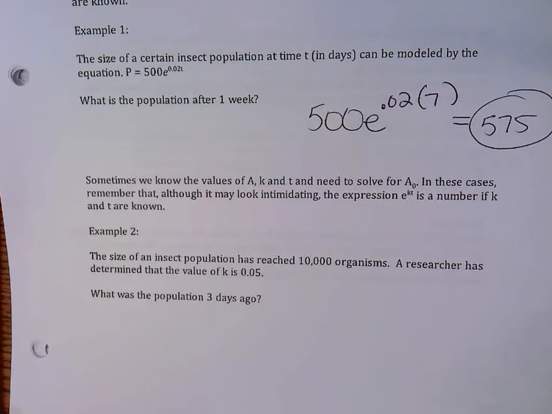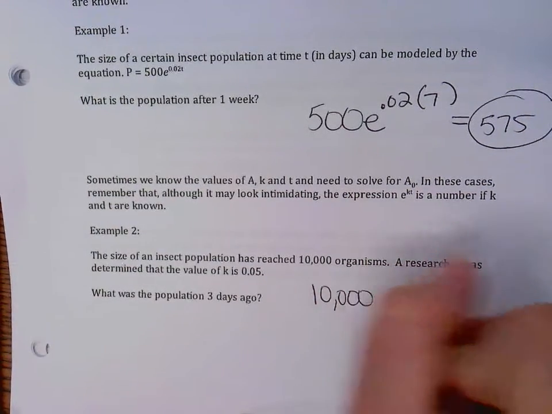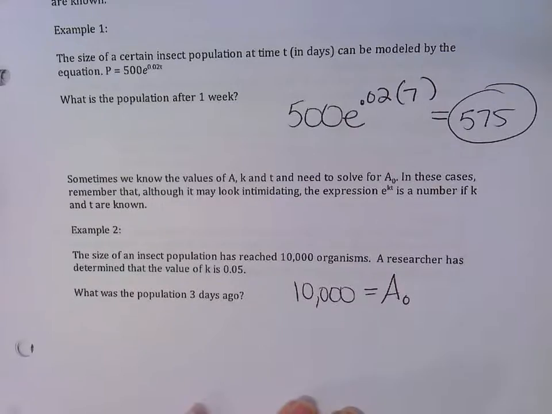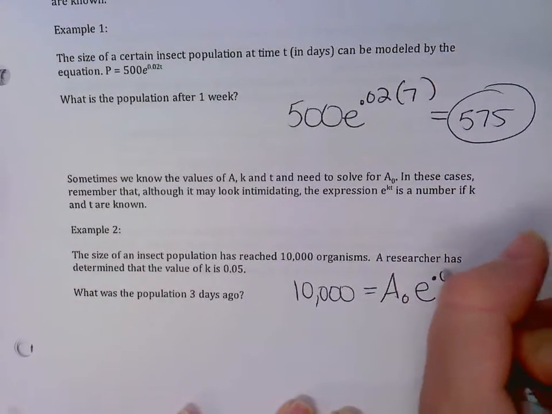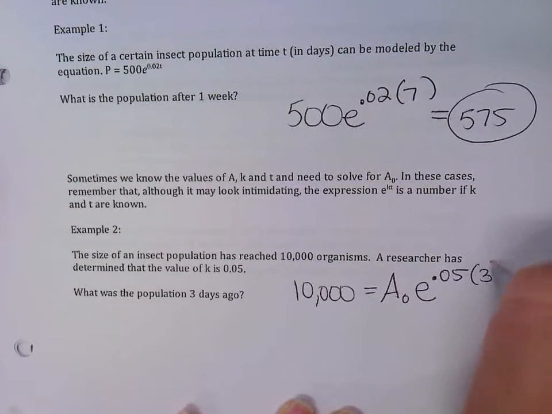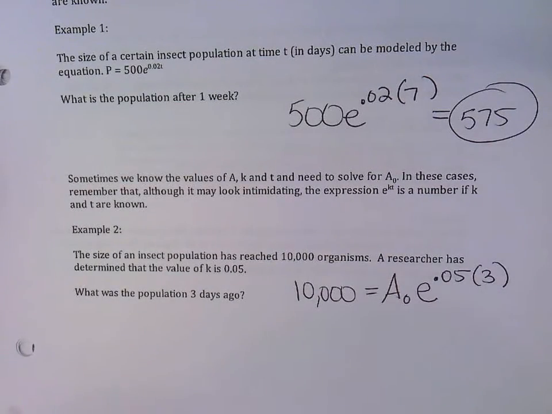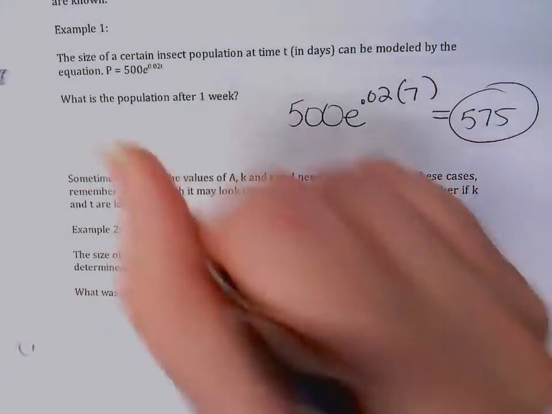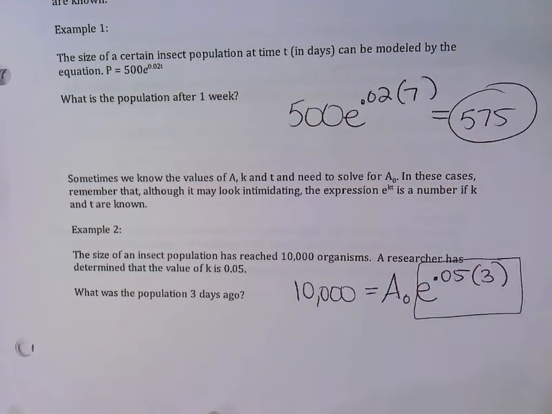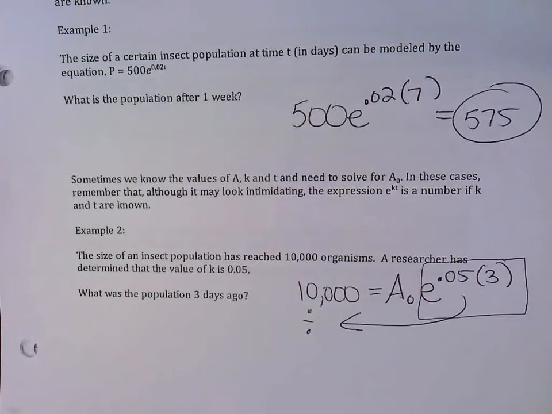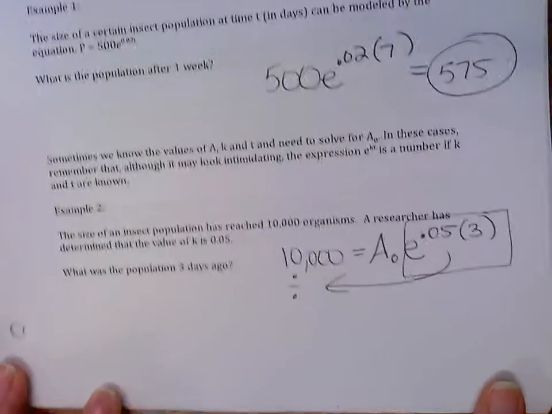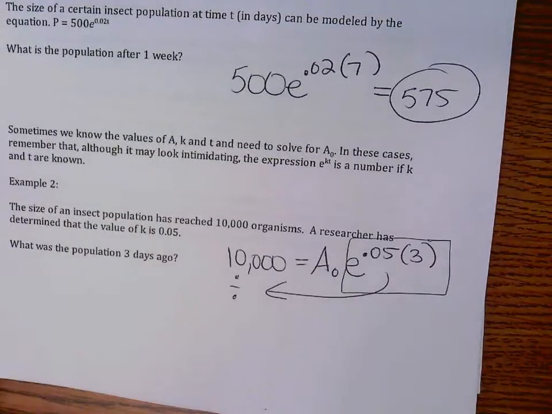So this time we know 10,000 is our end result, but we don't know our original population. We know that e is a constant. It tells you k is 0.05, and it's been 3 days that have passed. So the reason they're telling you up here, this is just a number. So you can evaluate this number and then divide it to the other side to get A sub 0 by itself to solve for the initial population. So you're just getting familiar with manipulating the parts of this kind of complicated expression.